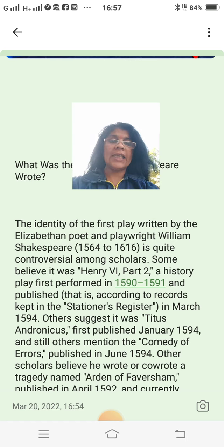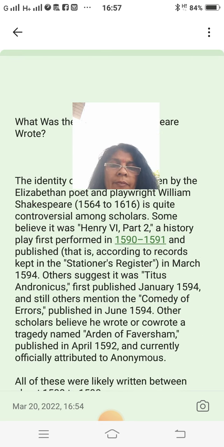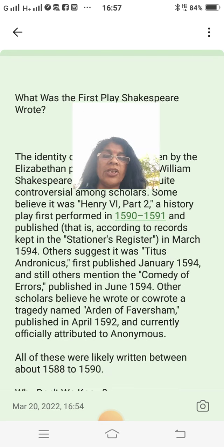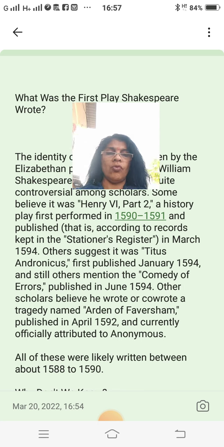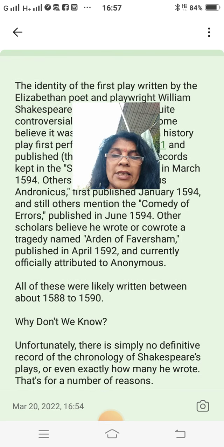Other scholars believe he wrote or co-wrote a tragedy named Arden of Feversham, published in April 1592 and currently officially attributed to Anonymous. All of these were likely written between about 1588 and 1590.